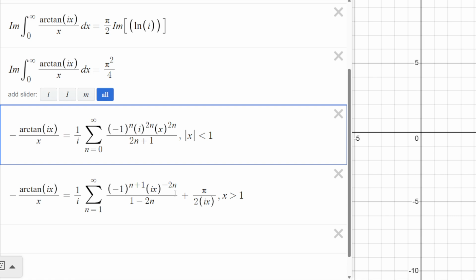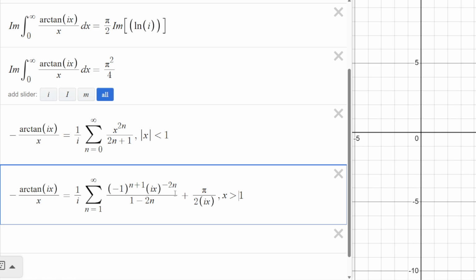This is going to be i squared to the n. i squared is negative 1, that's negative 1 to the n. Negative 1 to the n times negative 1 to the n is 1. So we just have this.